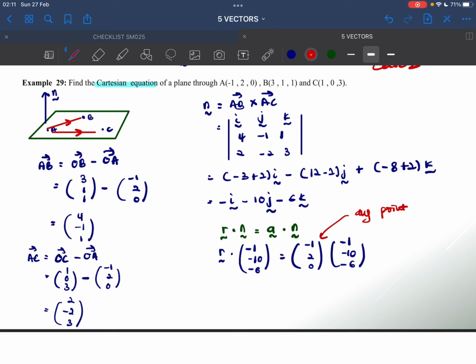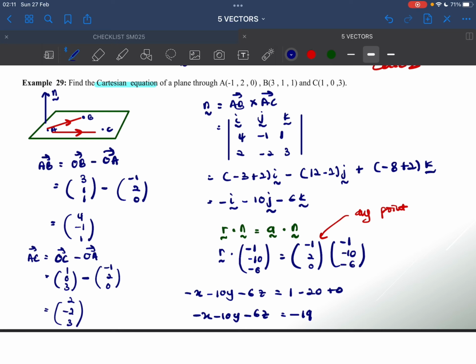The question asks to find the Cartesian equation, so we just write negative x minus 10y minus 6z equals, find the dot product on the right hand side. We should get 1 minus 20 plus 0, which is negative 19. So negative x minus 10y minus 6z equals negative 19.